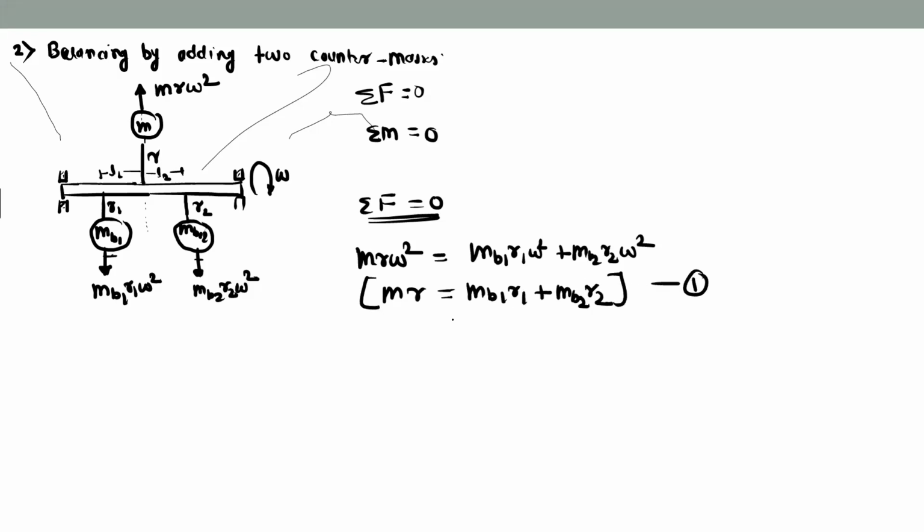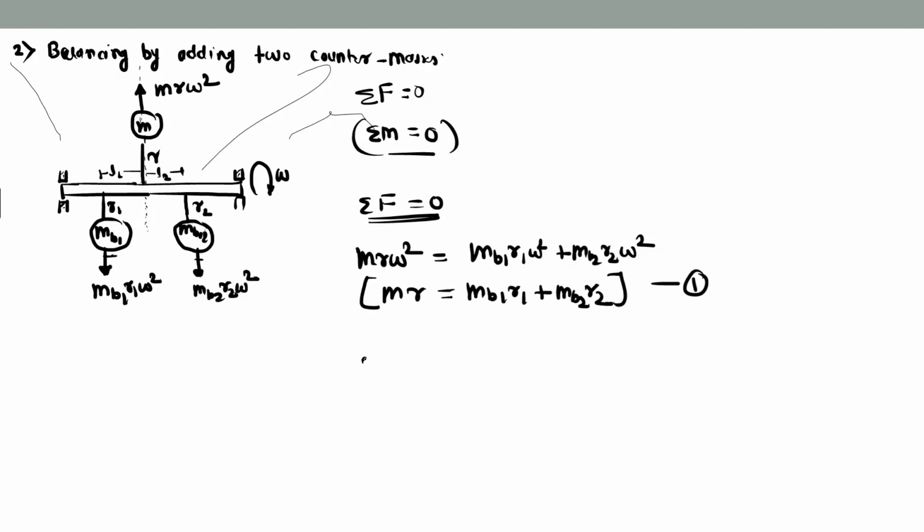And the second condition is about the moment, because in this case we are adding the counter masses in different planes. So these masses will create an extra moment about any point in the system, so we need to balance the moment also. For that we will consider this mass as a reference, and take the moment by these two masses about this plane.